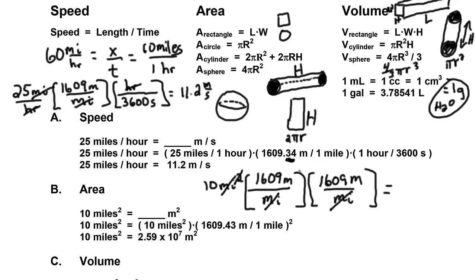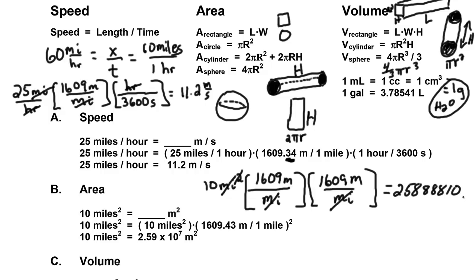So that's 10 times 1609 times 1609, and that's going to give us this huge number, 25,888,810.